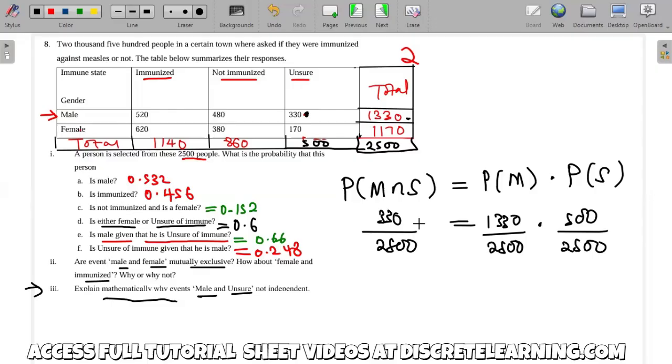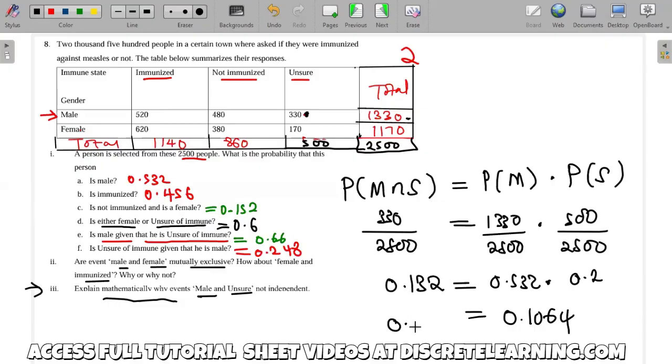So if I divide this, I'm going to get 0.132 equals... if I multiply this by that, first of all, this one here gives me 0.532, multiplied by this probability here gives me 0.2. So now if I multiply this, I get 0.1064.